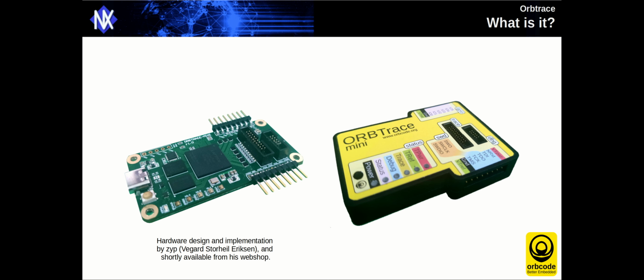The Orbtrace hardware is a very good example of the benefits of open source, and was designed by Veghard to plug into the Orbculum overall system. And very shortly, these will be available from his web shop. We are trying very, very hard to keep the price down. The equivalent functionality bought commercially for Trace in the open market is around about $1,500 to $2,000.